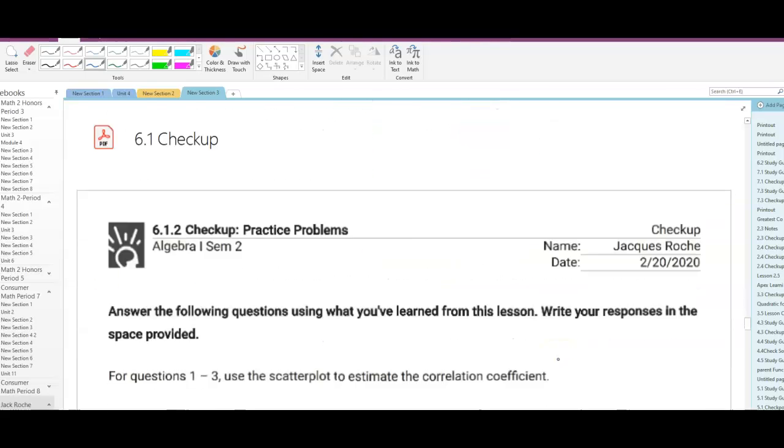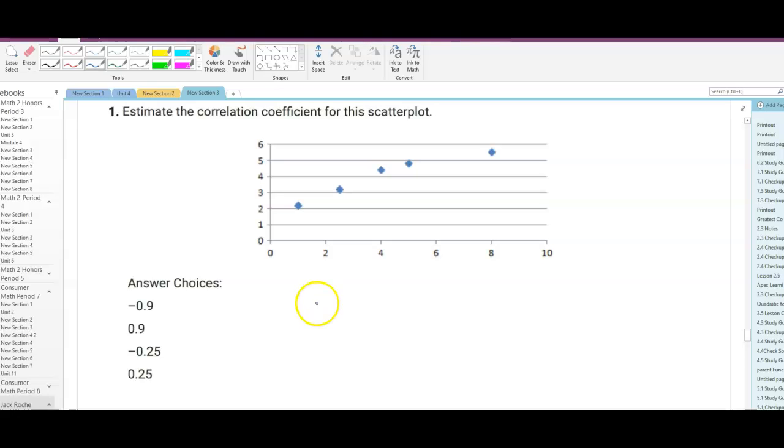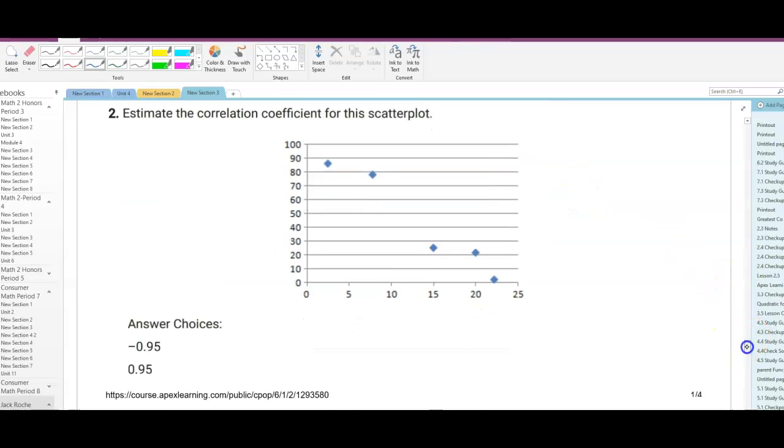Okay. Now, just by looking at this, the line I put through here, does it get close or not close to all the points? Comes pretty close. So this would be strong. Since you're going uphill from left to right, strong positive. So would negative 0.9, 0.9, negative 0.25, or 0.25 be the R value? 0.9 would, because it's strong and it's positive.